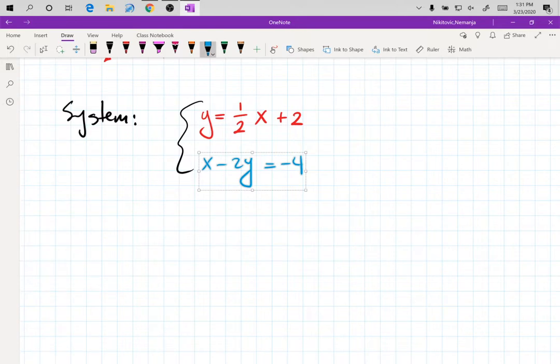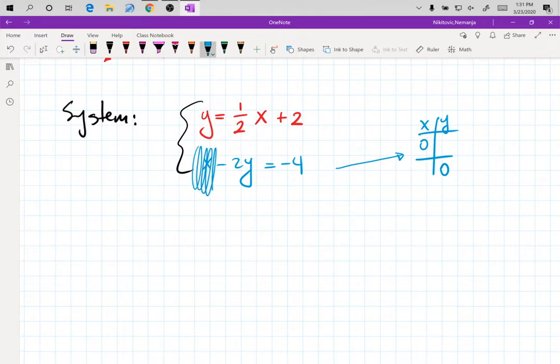All right, so now what we know for the second equation, the blue equation, it's in the form where we get to do our x and y intercept chart. 0, 0. So we are going to use x is 0, that kills off x, right? So -4 divided by -2 is +2.